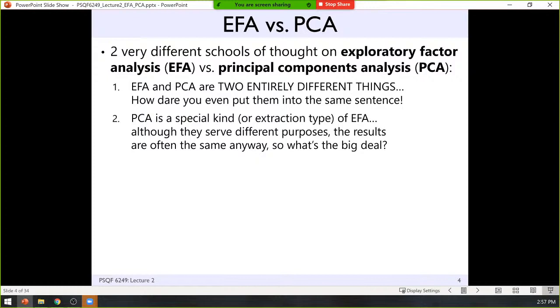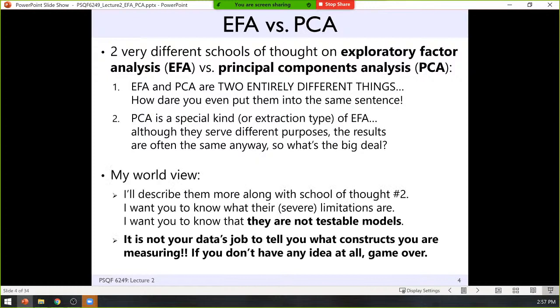There used to be whole sets of journal articles dedicated to fights about whether or not EFA and PCA were similar or different, and people were really entrenched in one view versus another. They are for different reasons, but they share a lot of overlap, which is why I talk about them at the same time.